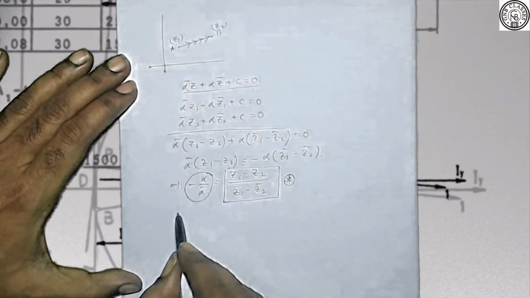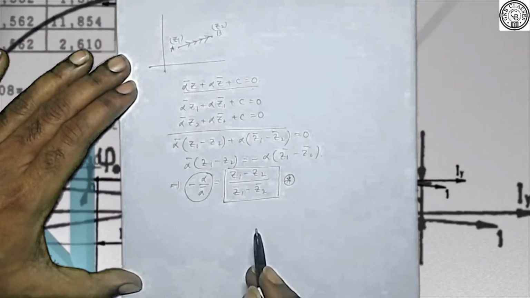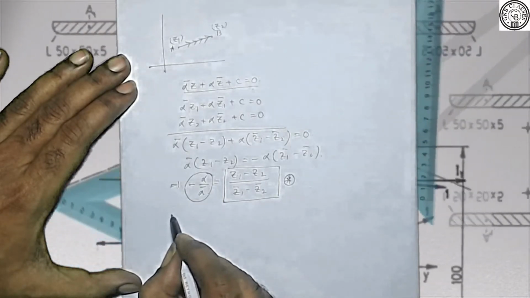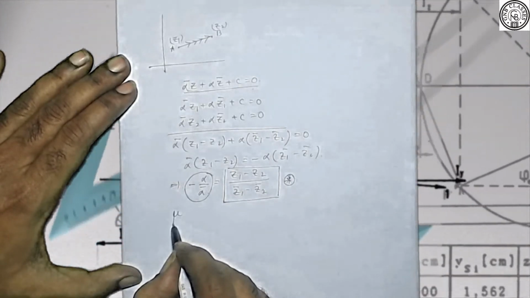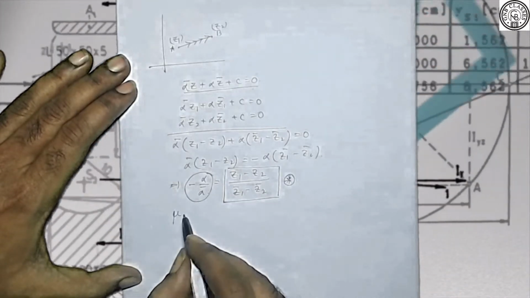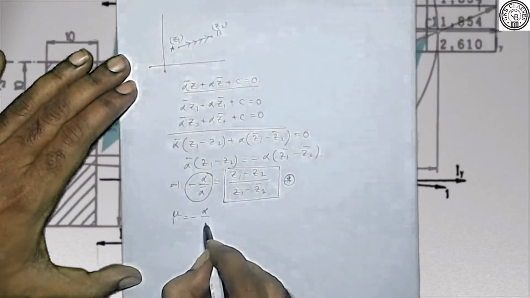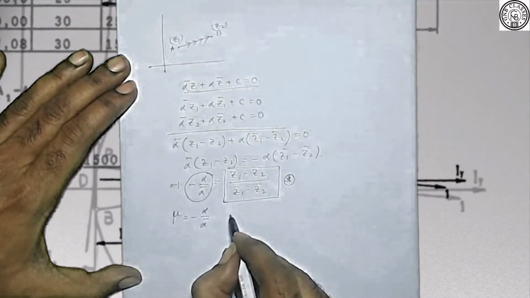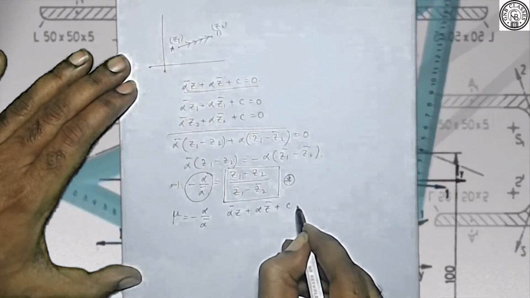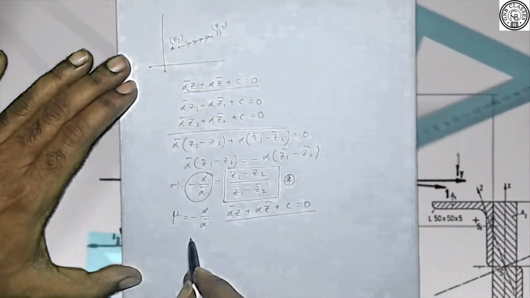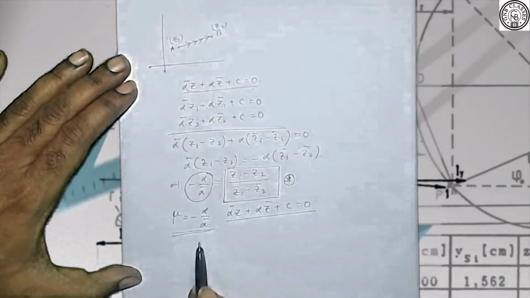Is it clear? So far we have learned 3 very important points. First, we have defined the complex slope of a line, which is defined as minus alpha by alpha bar for the line alpha bar z plus alpha z bar plus c equals 0.